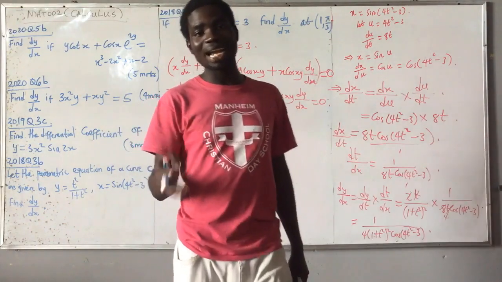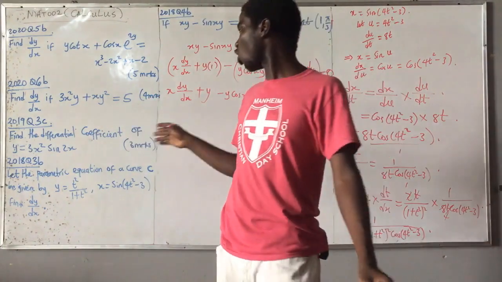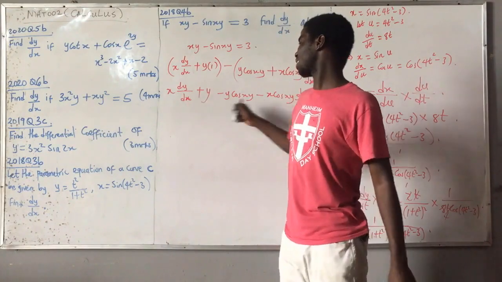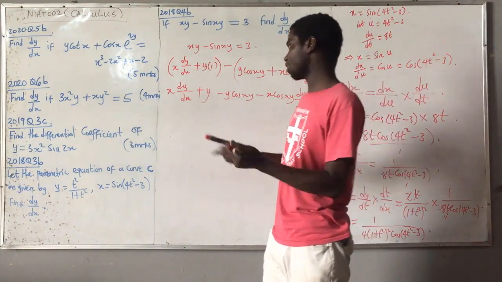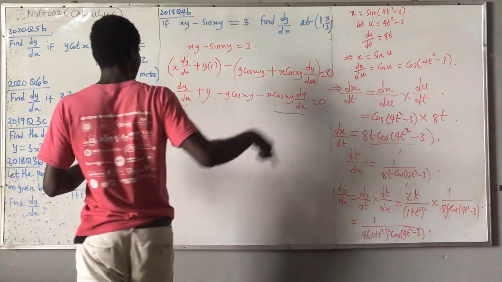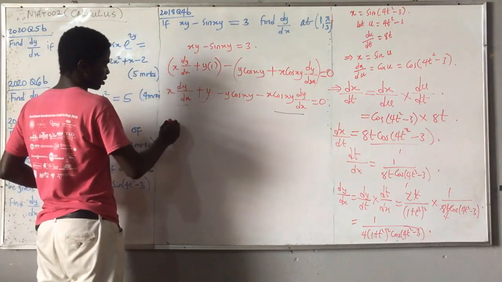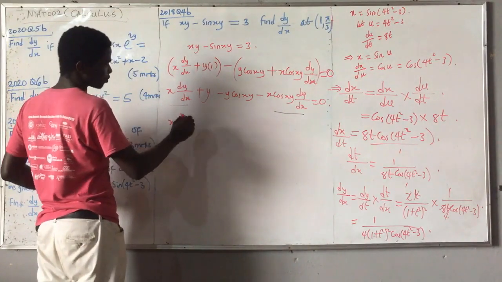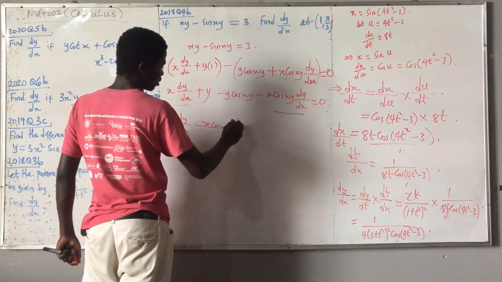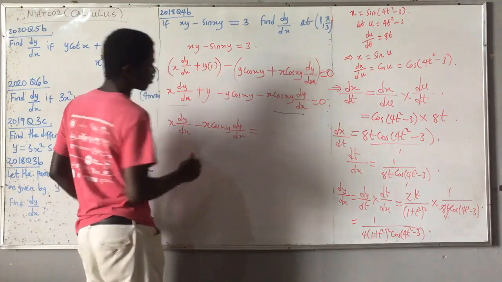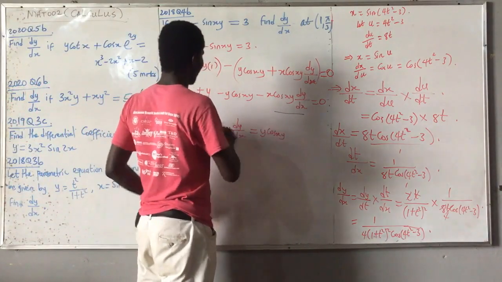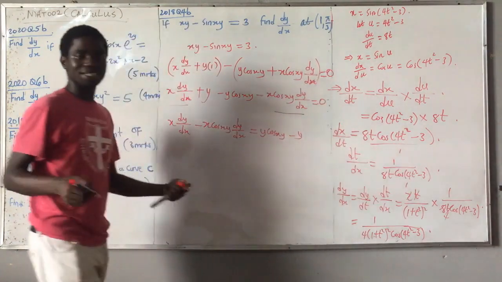Let all the dy/dx stay in one side, and let all the ones that do not have the dy/dx go to the other side. This one has the dy/dx, this one has the dy/dx. Let them stay. Then this one goes to the other side. This is x dy/dx minus x cos xy dy/dx is equal to, let this one come here, it becomes y cos xy minus y.